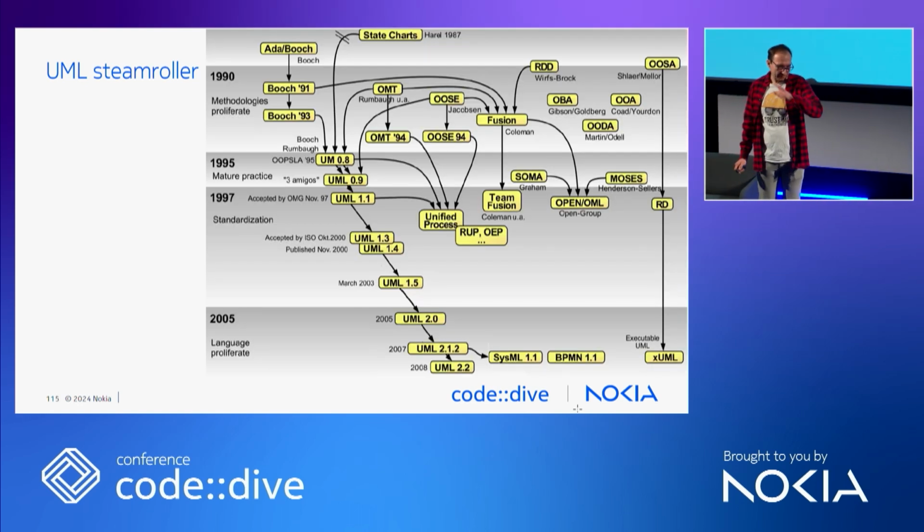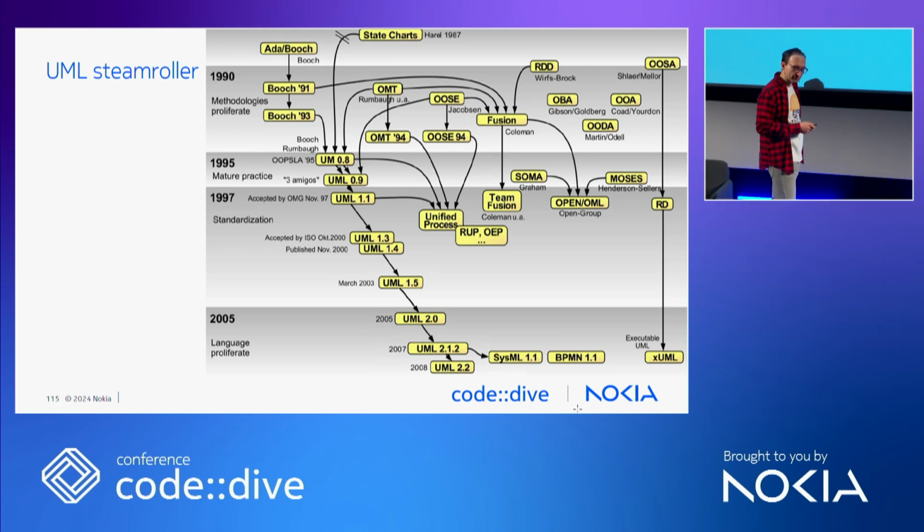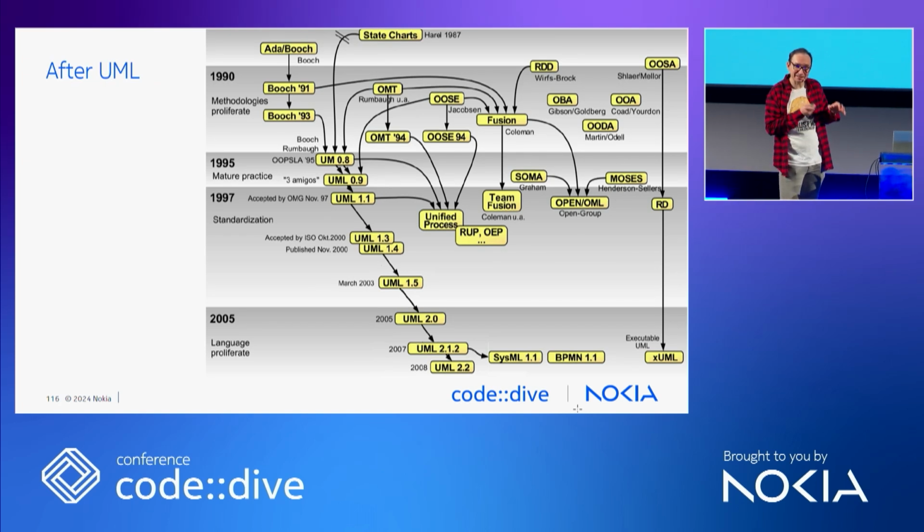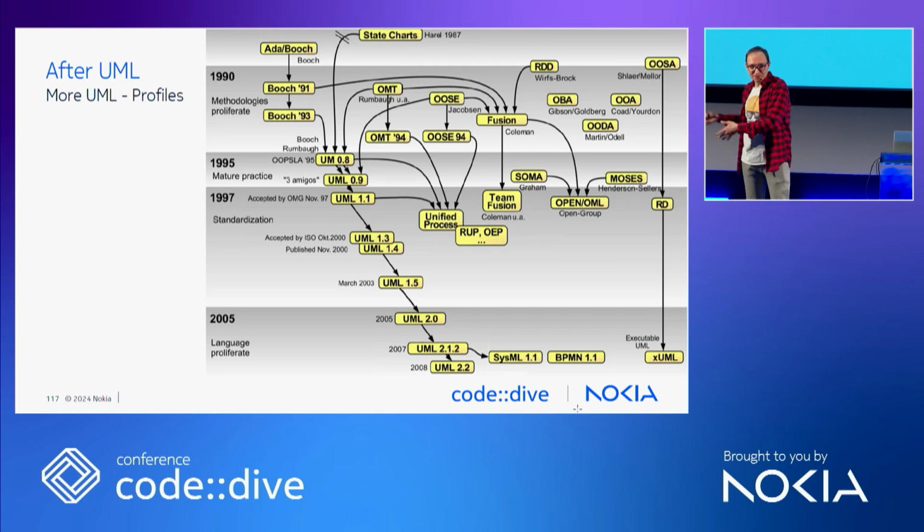UML has steamrolled the entire ecosystem of object-oriented methodologies. Look at this. This is a timeline I've taken from Wikipedia. Before UML, there was an entire zoo of different methods. And when UML came out, they all converged into one. Well, almost all of them at least. And the best thing about this was that things that came after UML were UML 2, because there is this profile mechanism built into UML, and you can extend UML with non-standard additions.